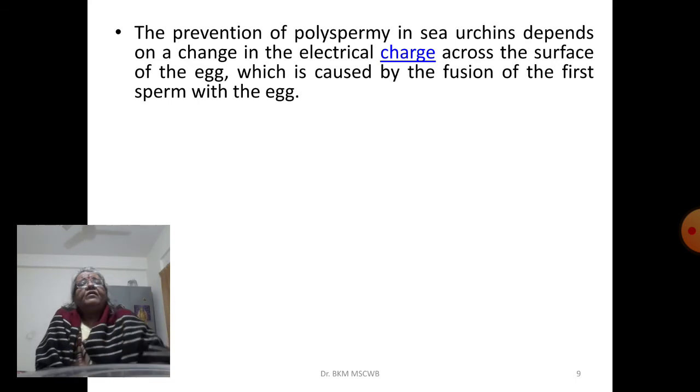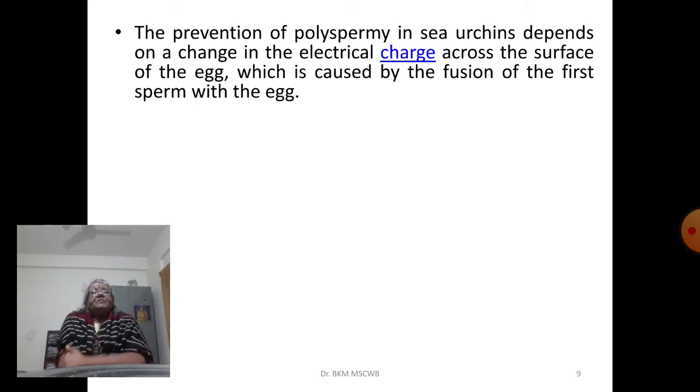Now, so the prevention of polyspermy in sea urchins depends on the change in the electrical charge across the surface of the egg, which is caused by fusion of the first sperm with the egg. Carefully listen.